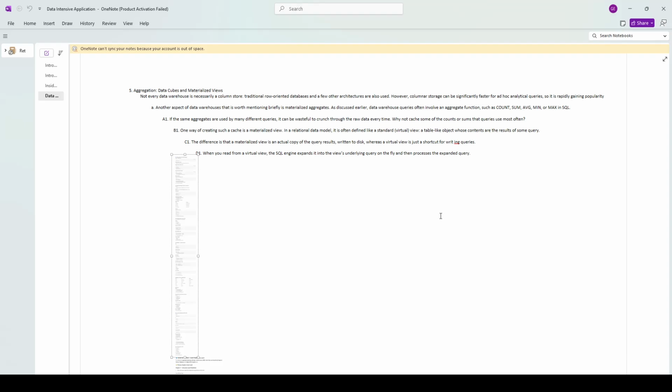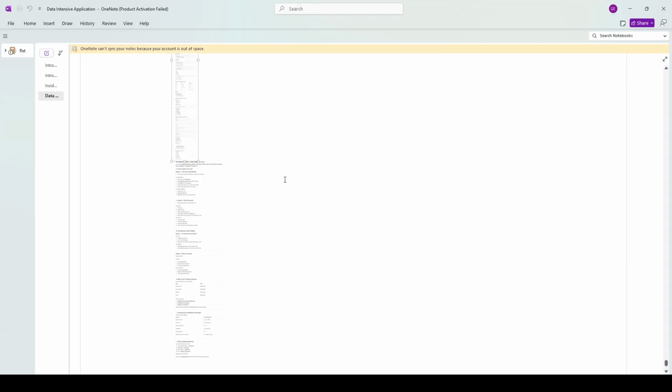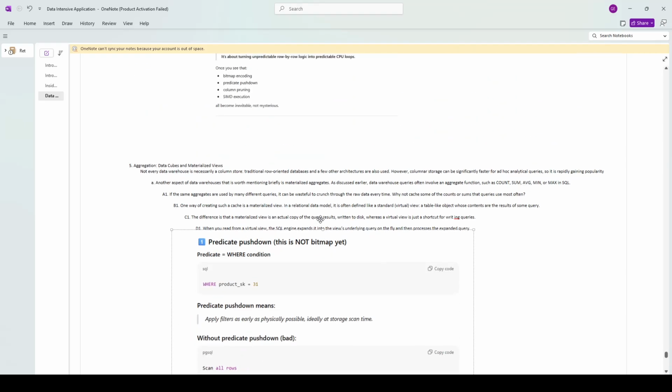When you read from a virtual view, the SQL engine expands it into the view's underlying query on the fly and then processes the expanded query. So when you read the virtual view, it is expanded by pointing to the actual data, like a reference or hint, but it's different from this analytic storage.